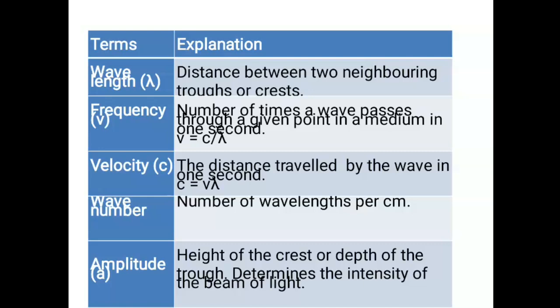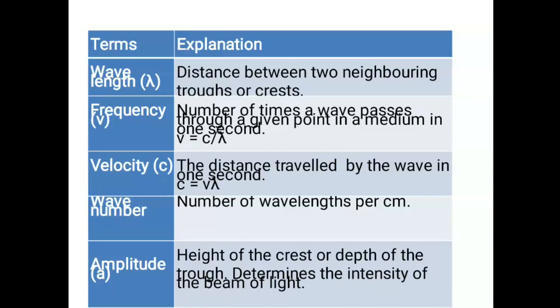Nu bar may be defined as number of wavelengths which can be accommodated in 1 centimeter length along the direction of propagation. So number of wavelengths per centimeter is called wave number. Remember, nu bar is always equal to 1 upon lambda. Means wave number is reciprocal of wavelength, 1 upon lambda.